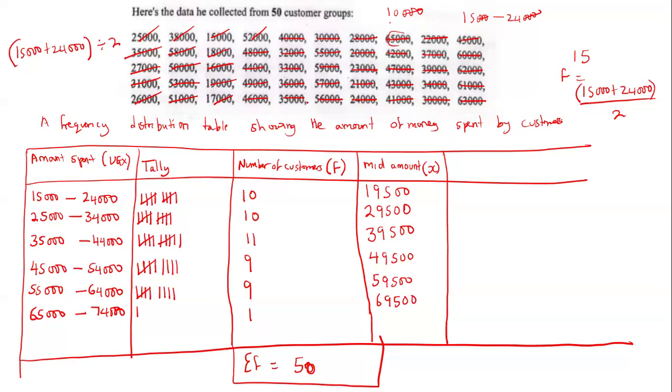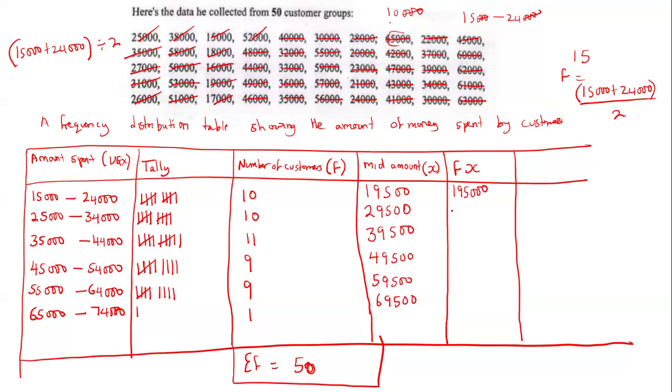Then from there, after the midpoint, Favor, maybe you can be giving us now fx. You can raise the hand and tell us what you get for fx. Since we want the midpoints, now we are going to get fx, which means f multiplied by x. Yes, Favor? 19,500 times 10 gives us 195,000.